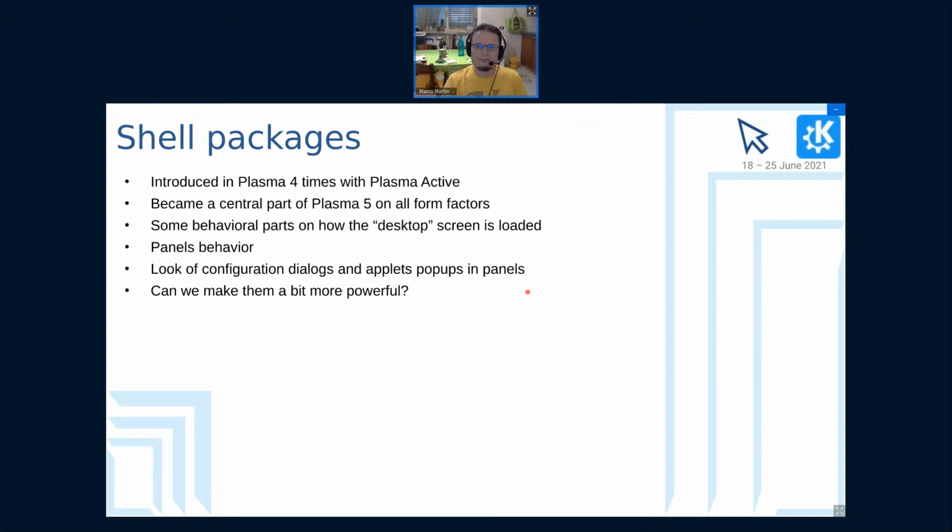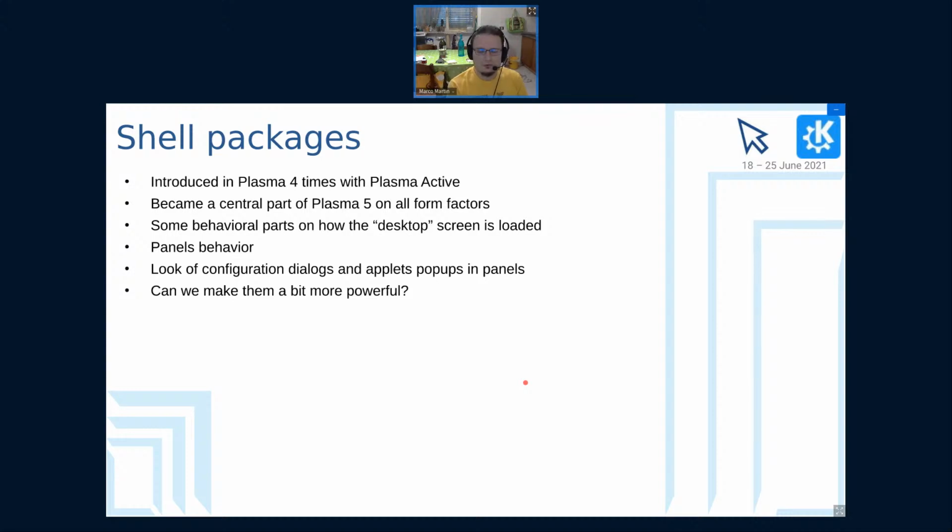Another part which I think is pretty good, and I will just improve on that, is the concept of the shell packages. Those are also a collection of QML files distributed in a KPackage structure.